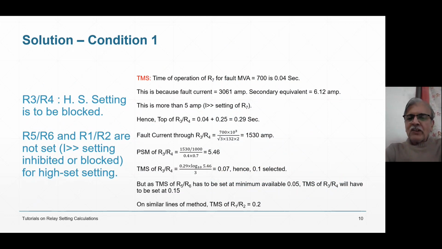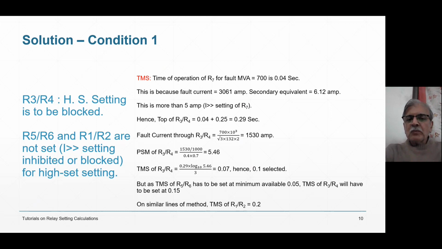So, TMS of R7 is 0.25, given. Therefore, I do not have to calculate, but the time of operation of R7 for 700 MVA is certainly instantaneous because my instantaneous setting is 5 ampere and 700 MVA will give me more than 5 ampere.